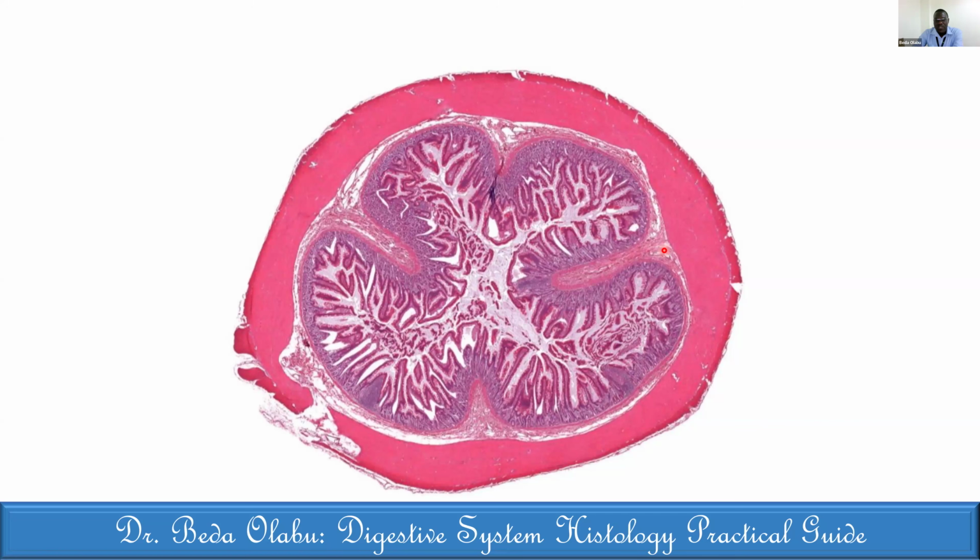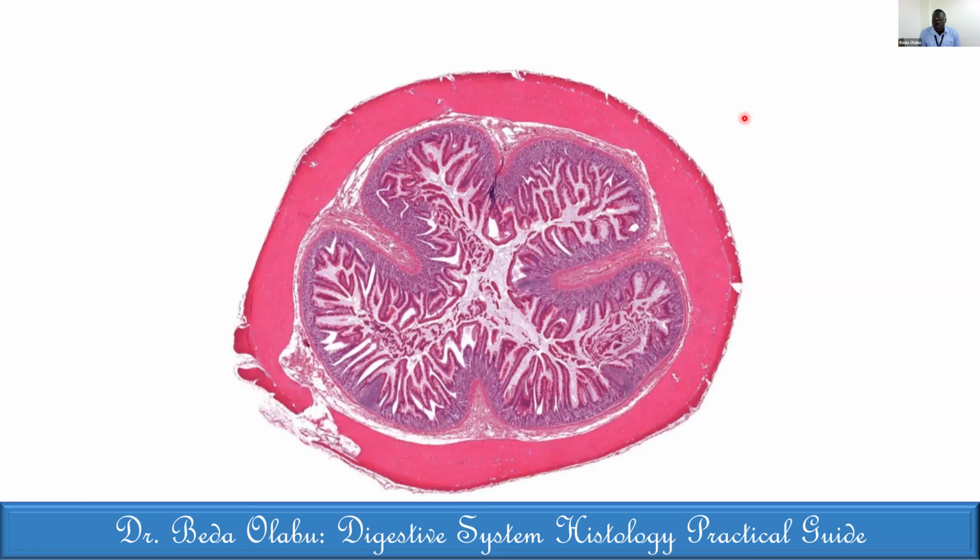How would you describe these folds if you were to describe them in 3D? Yes, Como. I would describe them to be longitudinal, running parallel to the length of that particular structure.